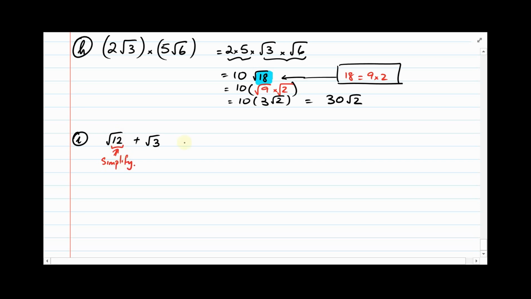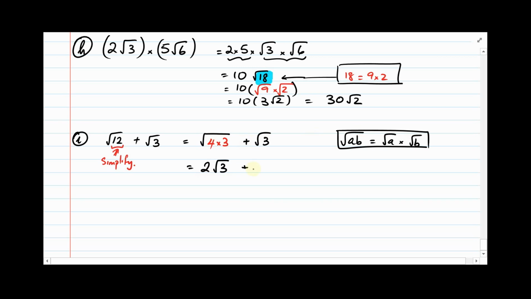And how do we do that? Well, square root of 12 is the square root of 4 times 3, and so that part can be simplified. Using the product rule, root AB is root A times root B, I end up with 2 root 3. Square root of 4 is 2.